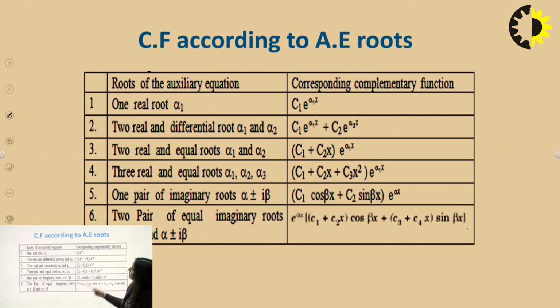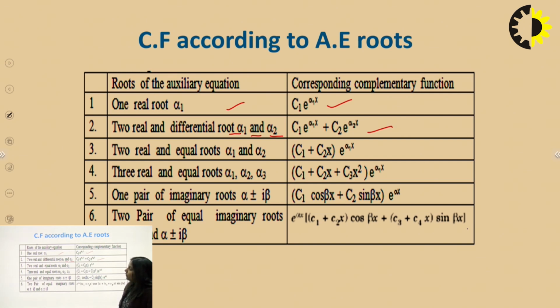Now this table represents the complementary function according to the auxiliary equation roots. If one real root alpha 1, then the complementary function will be c1 e power alpha 1x, and if two real and different roots alpha 1 and alpha 2, then the complementary function will be c1 e power alpha 1x plus c2 e power alpha 2x.